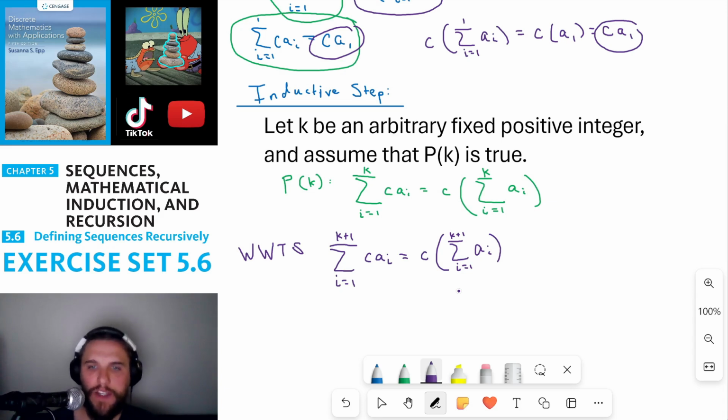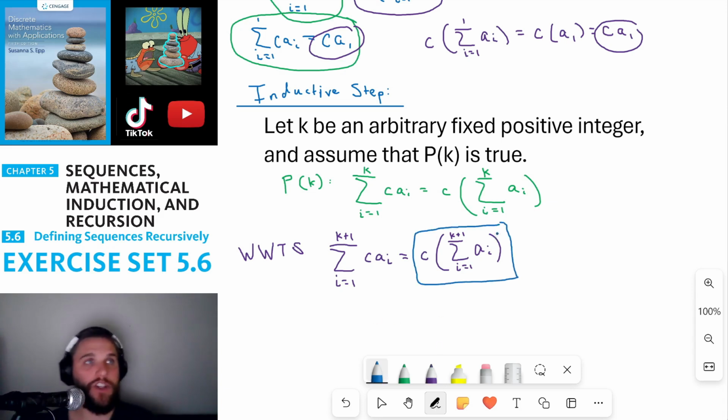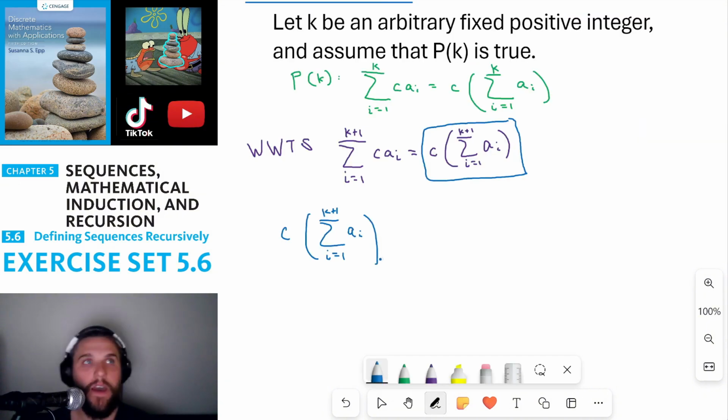Now to show this, we're going to actually start with the right-hand side, and we're going to do a couple things with this. Now, what I'm going to do first is pull out the last term from this series. You can check out one of my previous videos that discusses this exact topic on how to pull the last term out from a series.